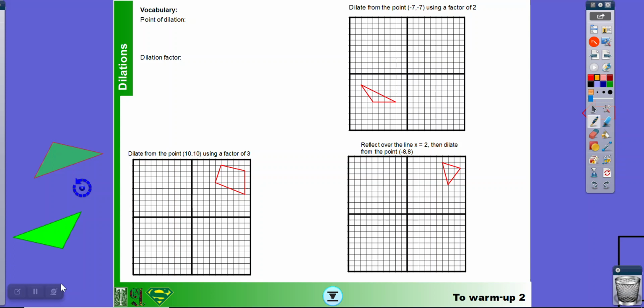And so when we have a dilation, we have to have a point of dilation or a center of dilation. And so the point or center of dilation is the point where the dilation originates from.